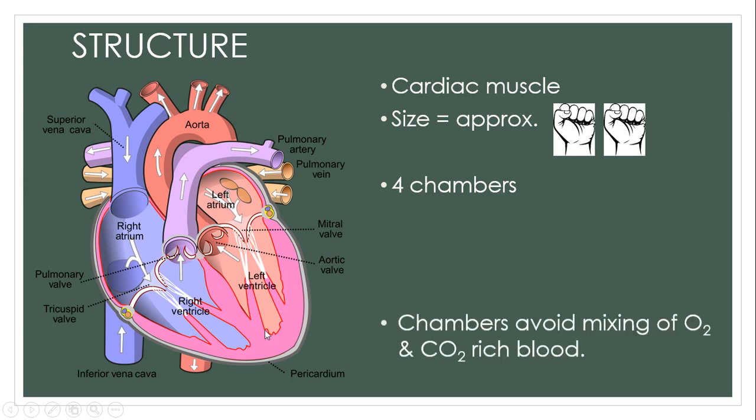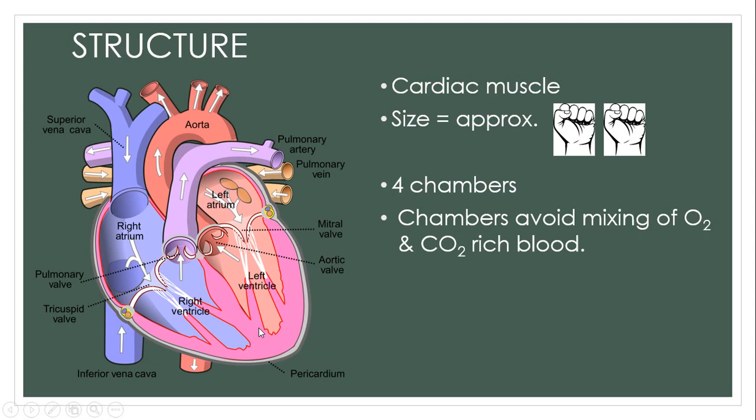These chambers are there because they avoid the mixing of oxygenated and deoxygenated blood. Oxygenated means oxygen-rich blood, and deoxygenated means carbon dioxide-rich blood. Now you can see the valves also. One valve is present between the right atrium and right ventricle, which we call the tricuspid valve.